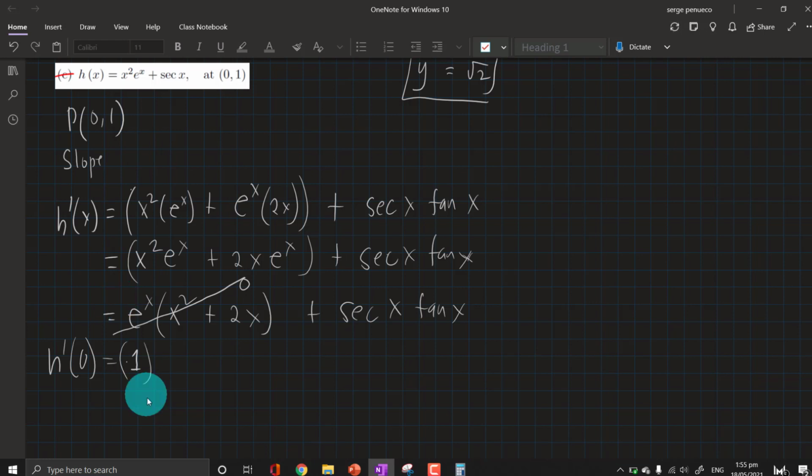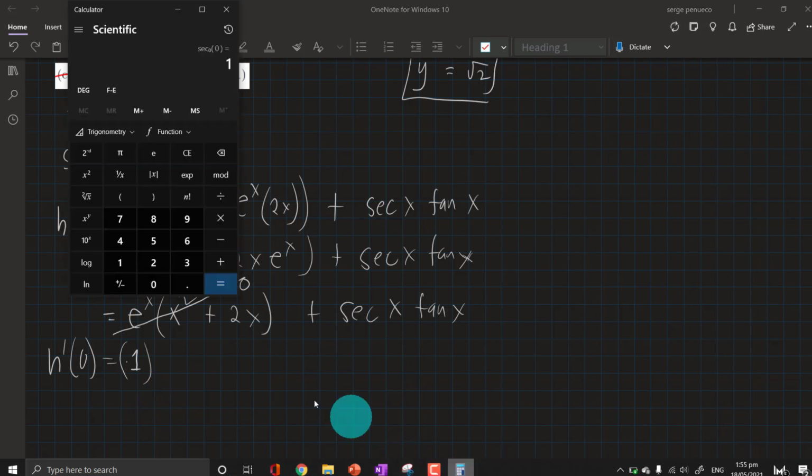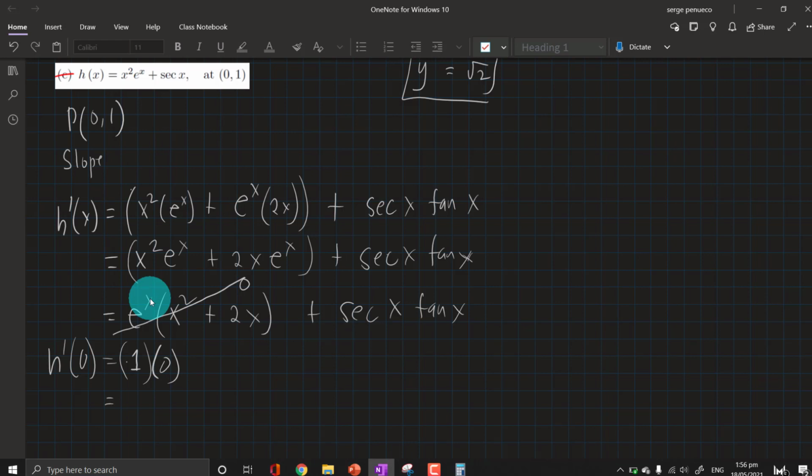Multiplied by tangent 0. Tangent 0 is equal to 0. So that will be 1 times 0 is equal to 0. Our slope here is 0. So our point is 0, 1. Then our slope is 0.